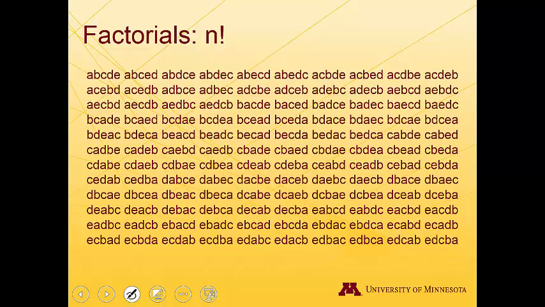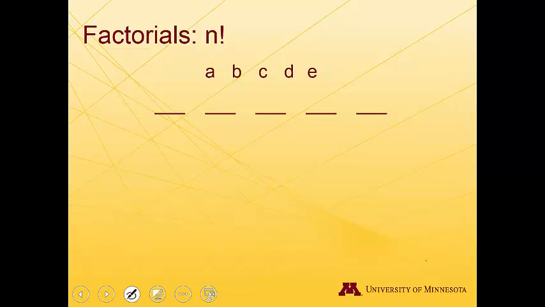So this is 120 copies of A, B, C, D, E in 120 different orders. So this is A, B, C, D, and E in every order possible. There's 120 of them. We do not want to count by hand when we are looking at the number of arrangements of some set of objects. So what's a formula that we can use to make this easier?